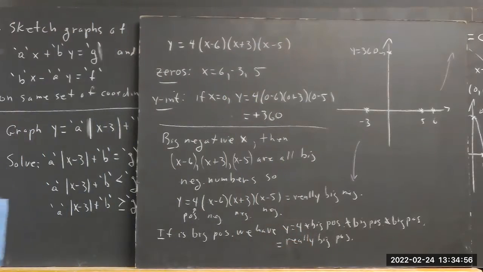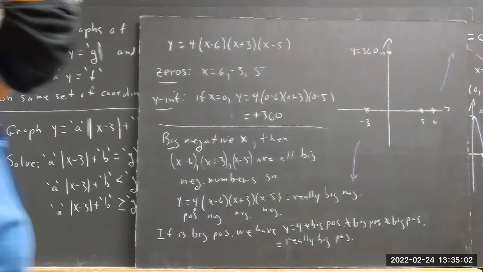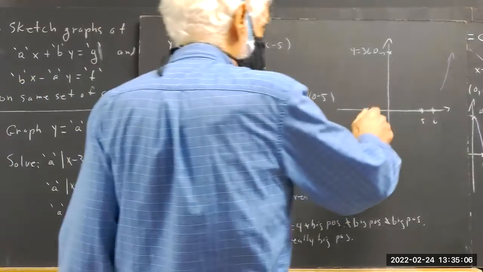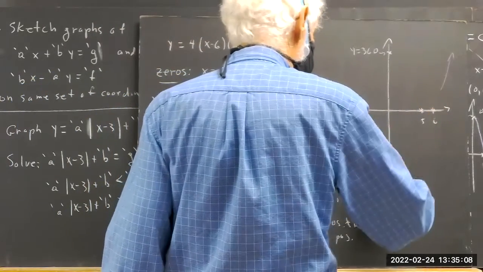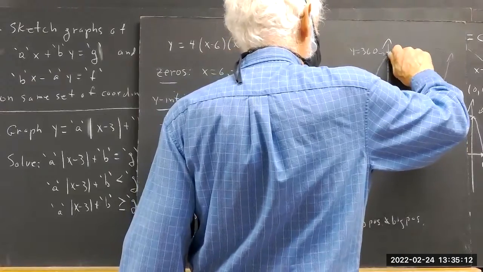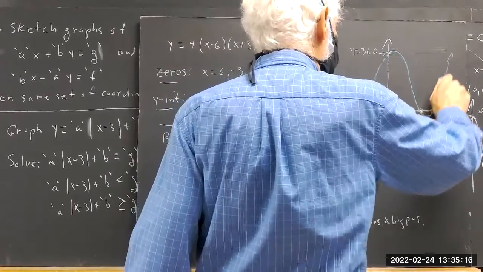So now if we want to sketch our graph, where'd all my charts go? We want to sketch our graph. There it is. Okay. Got to go through this point, this point, this point, this point, which means it's going to come up like so. So we're going to turn around about here and come down a little below the axis and go back up.